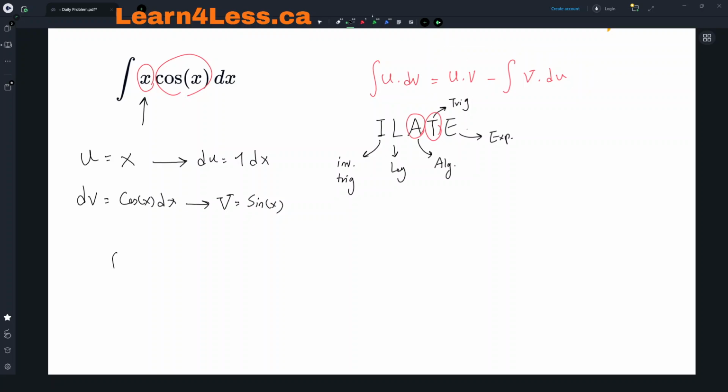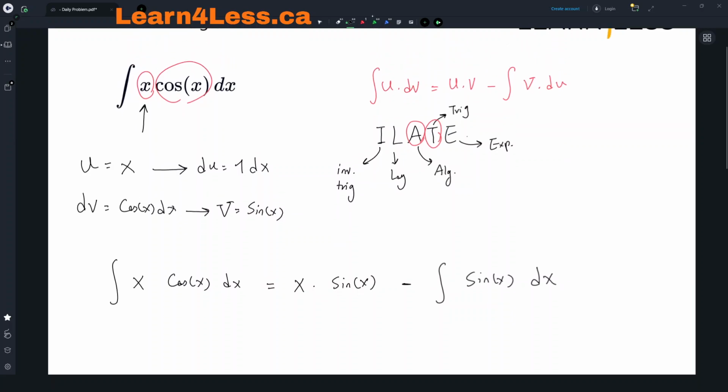Now that we have u, v, du, and dv, we can substitute all of them into the formula. Overall, we have the integral of x cosine of x dx. This is equal to u times v, which is x times sine of x, minus another integral, which is v times du. v is sine of x, and du is dx.